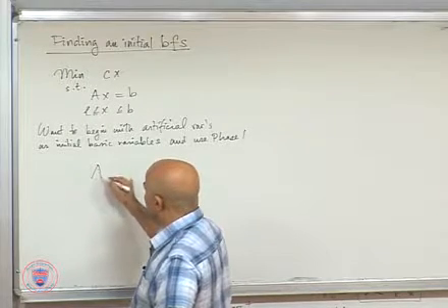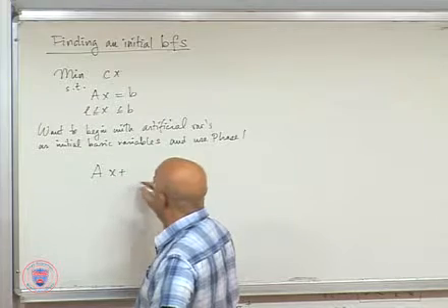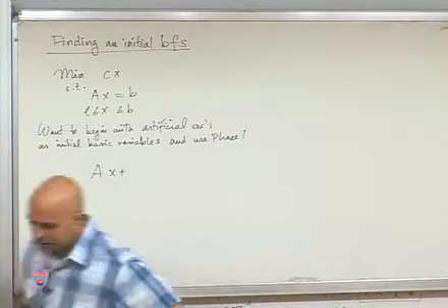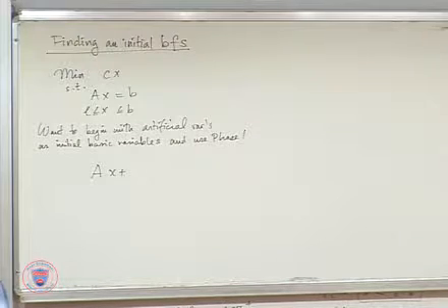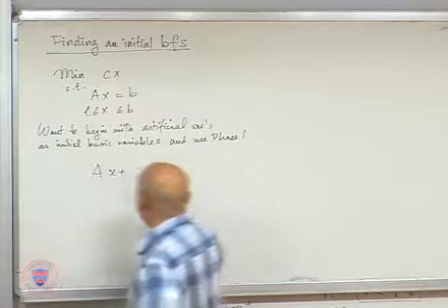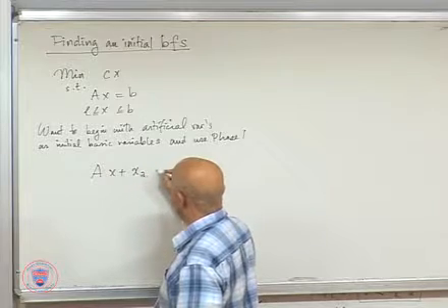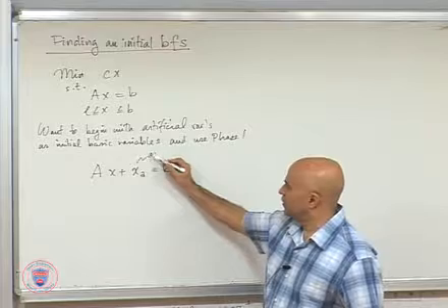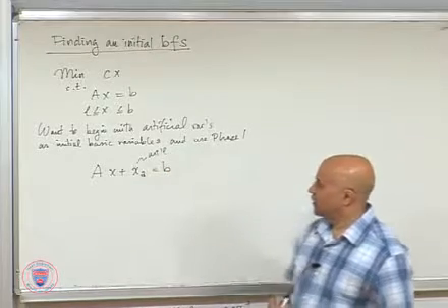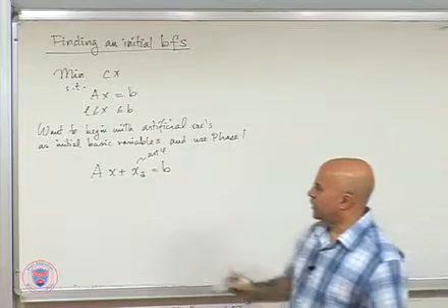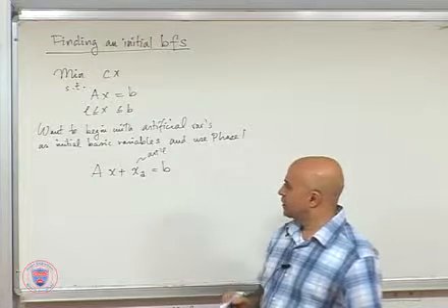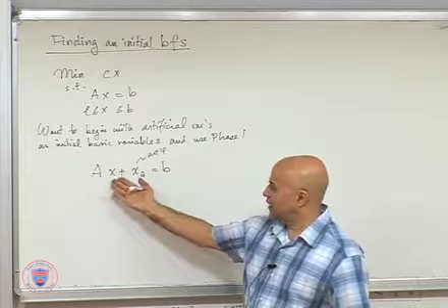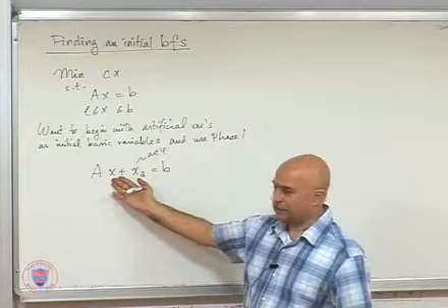So when you add the artificial variables, the problem will look like the following. Let's give a name to that. Let's call it xa, so Ax plus xa equals b. These are artificial, and you want to minimize the sum of the artificial variables. Still, you can't take x to be 0.